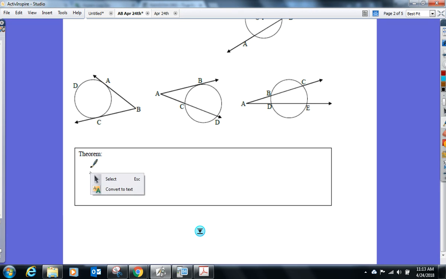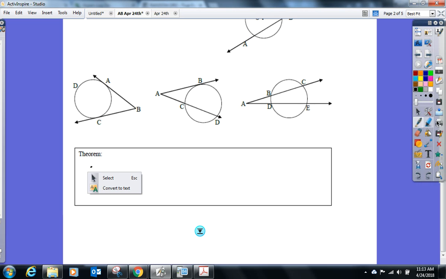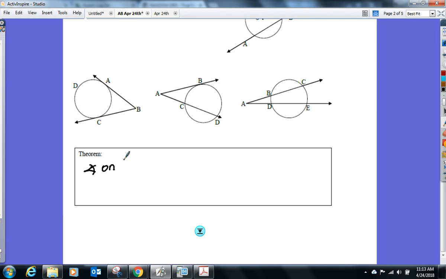An angle on the outside of the circle is going to be equal to the following. What did you do yesterday to find that floater angle? You added the two arcs together and took half of them.